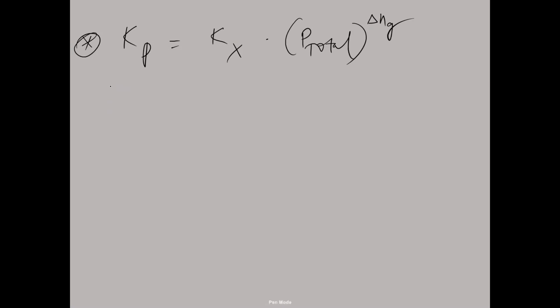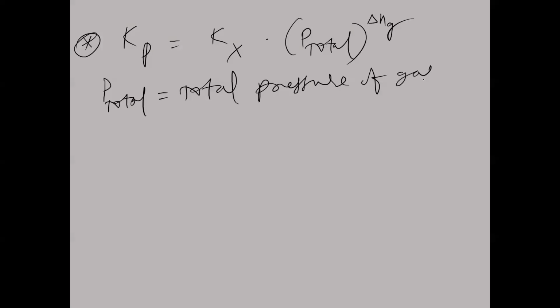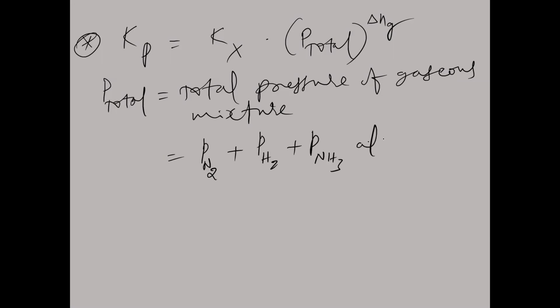P total is equal to the total pressure of the gaseous mixture. In the above case, the total pressure is the partial pressure of nitrogen gas plus partial pressure of hydrogen gas plus partial pressure of ammonia gas at equilibrium.